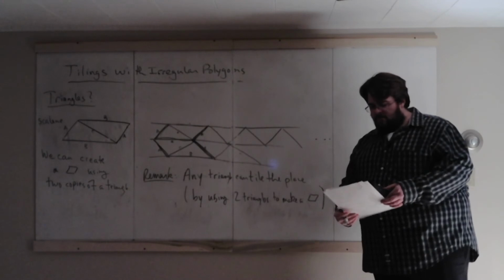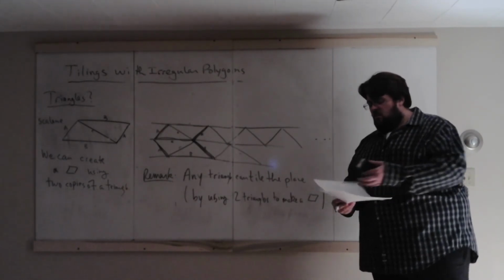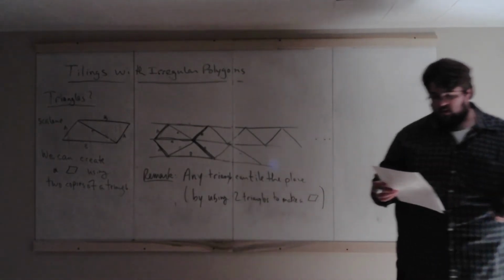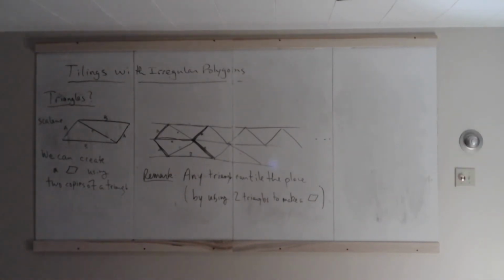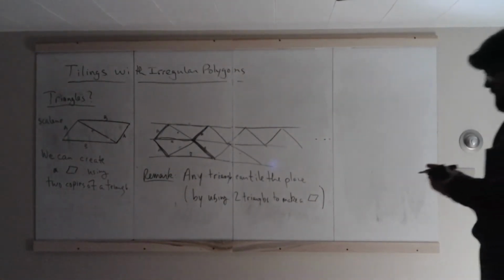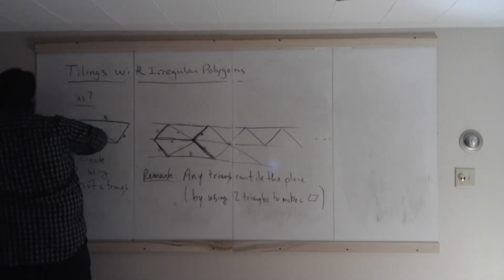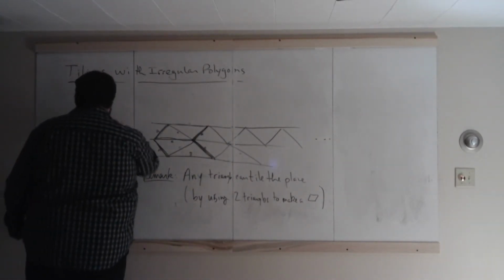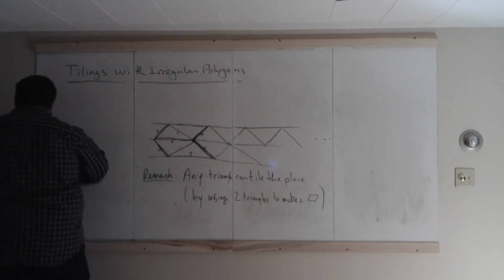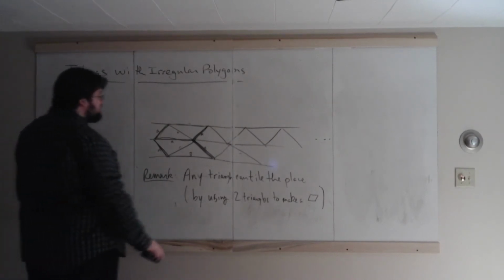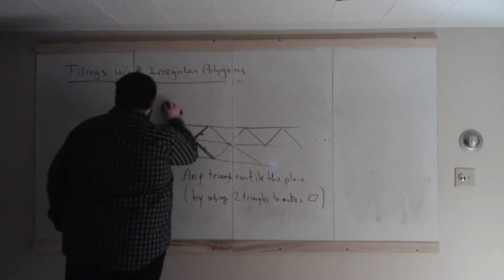So now we showed it for parallelograms, we showed it for triangles. What about general quadrilaterals? Well, maybe I should say trapezoids first, because trapezoids are cool.